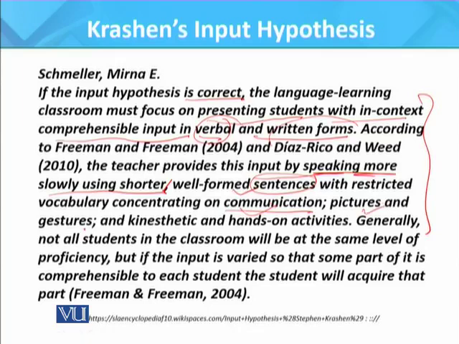Also used are pictures and gestures, kinesthetic and hands-on activities requiring physical movements, games, and activities where feedback is also given to the learner. Generally, not all students in a classroom will be at the same level of proficiency.